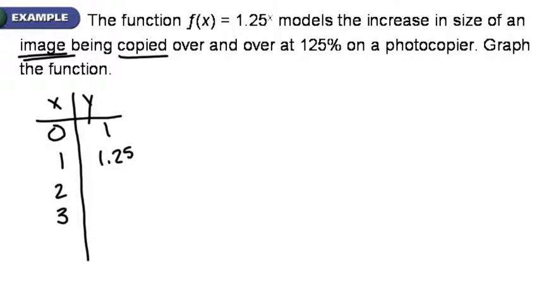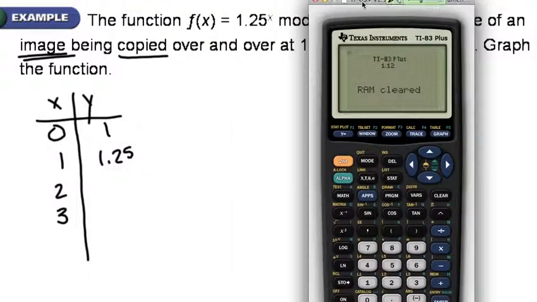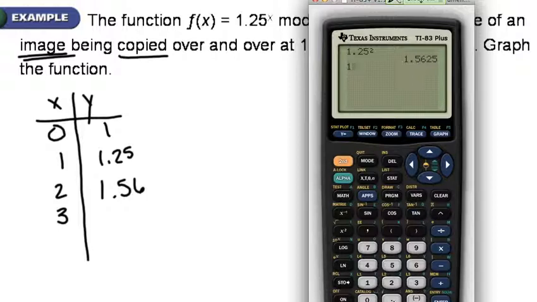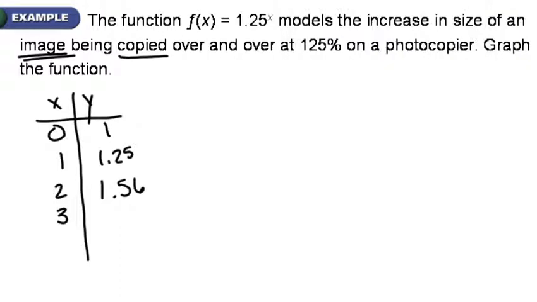No fair. Technology is not my friend. All right, so you've got 1.25 squared, and that's going to give you 1.56. I'm just going to write 1.56 instead of carrying that on. All right, and now we need to put 1.25 raised to the third power, 1.25 caret 3, enter. And we've got 1.95. So 1.95.